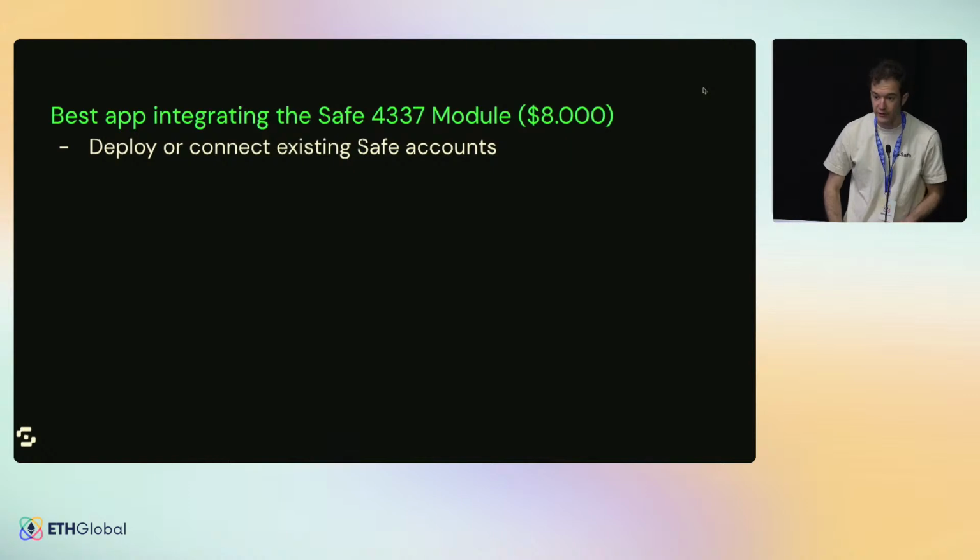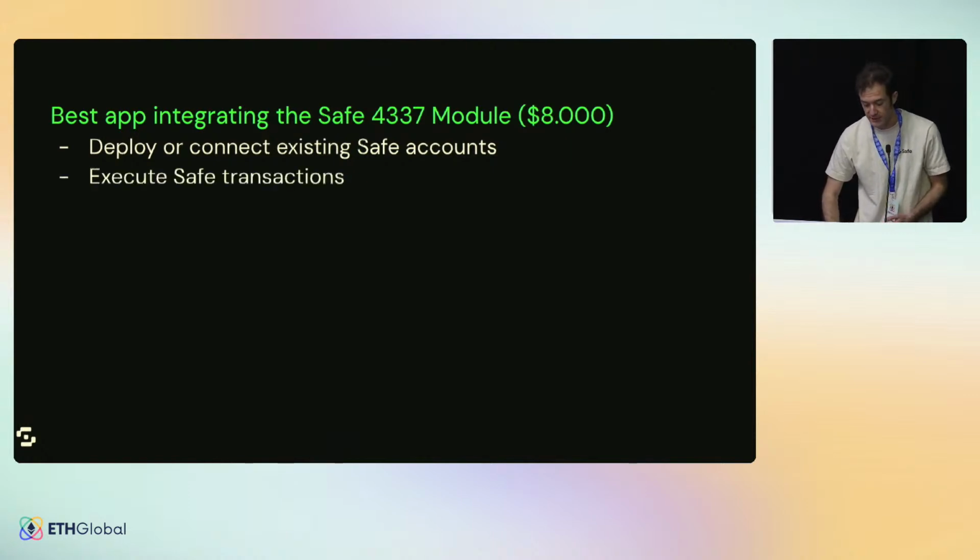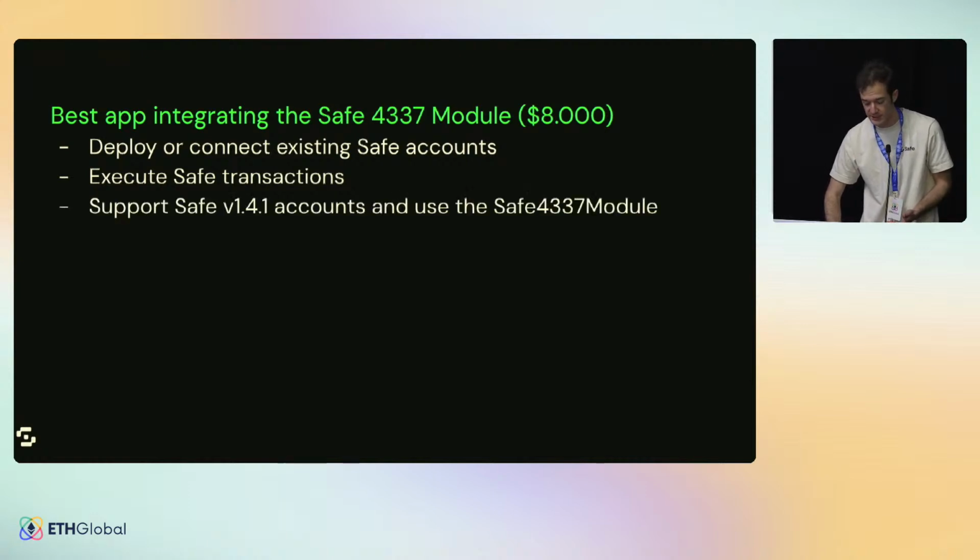And there are some requirements, for example, deploying or connecting existing Safe accounts, executing Safe transactions, and supporting Safe version 1.4.1, and use the Safe 4337 module. Those would be the requirements for the first bounty.